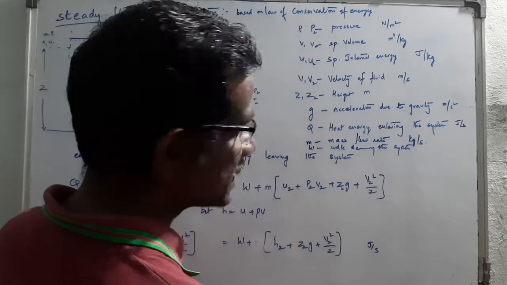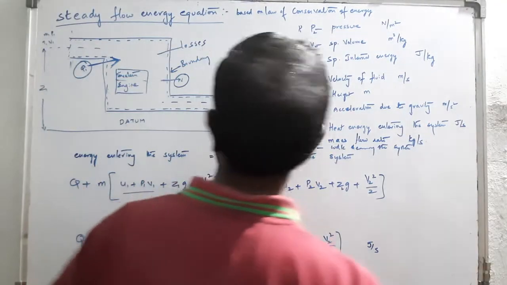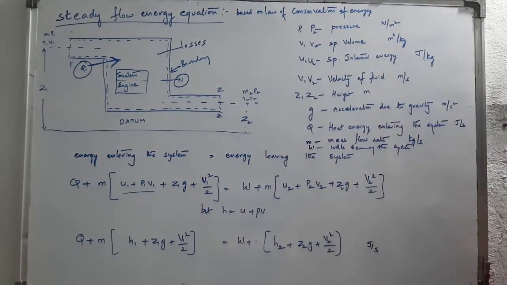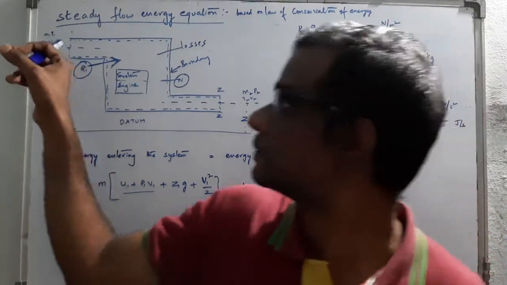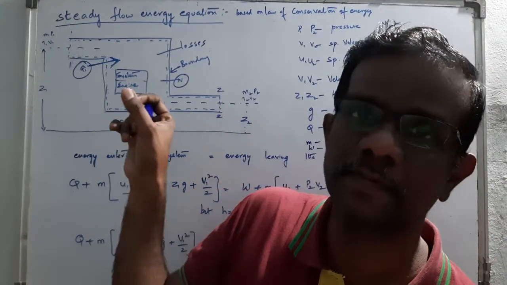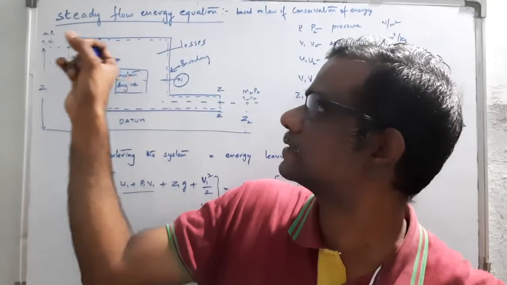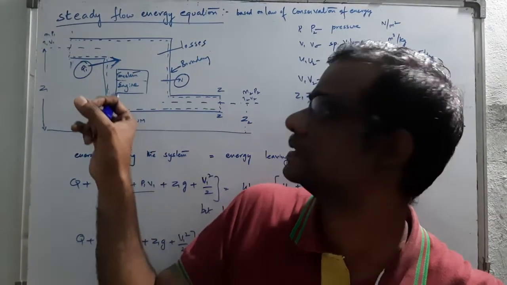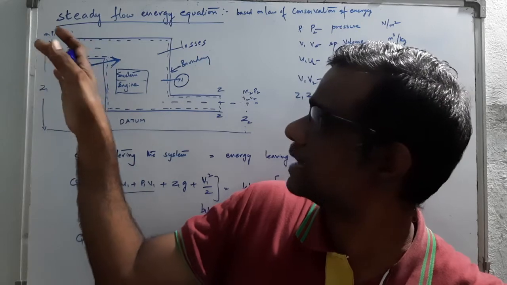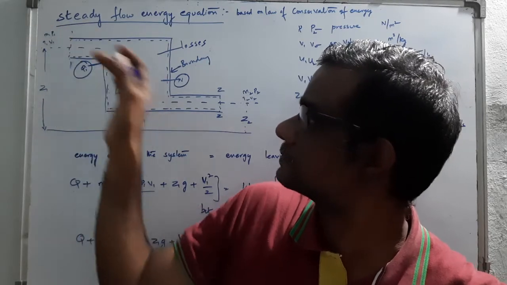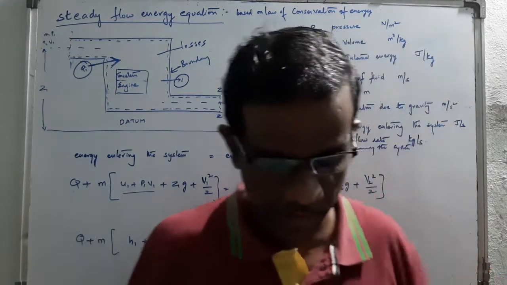The basic assumptions I already discussed regarding the steady flow energy equation: the mass of fluid must be the same in the entire system, and at the same time, the mass of fluid entering the system must be equal to the mass of fluid leaving the system.